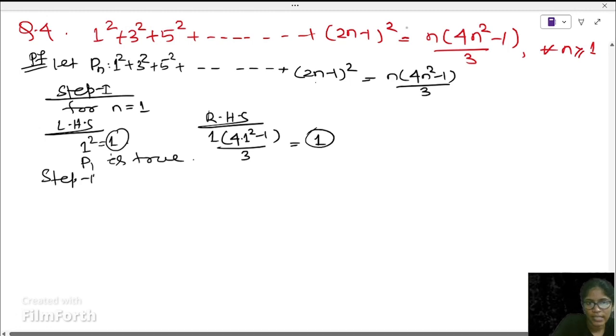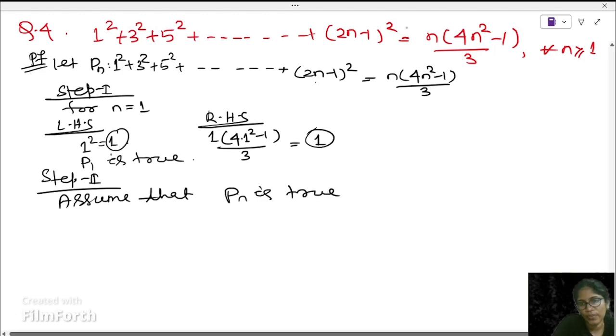Next move to step 2. Assume that P(n) is true for n is equal to k.